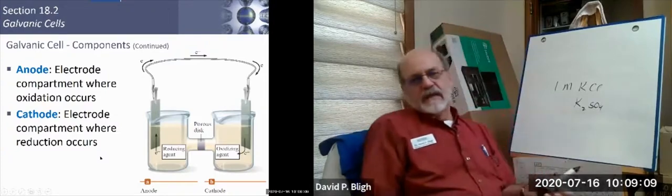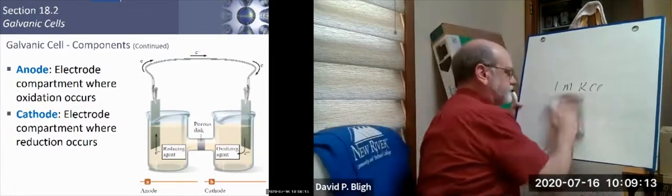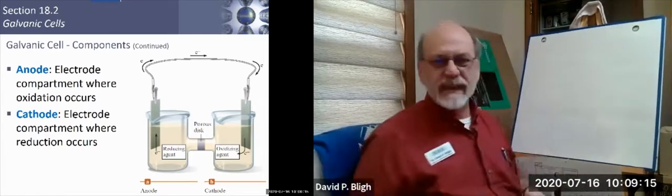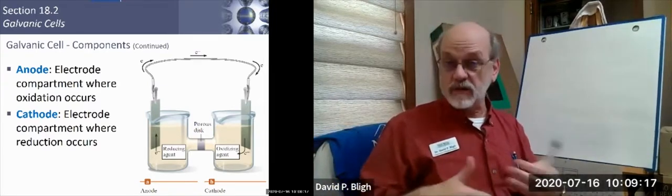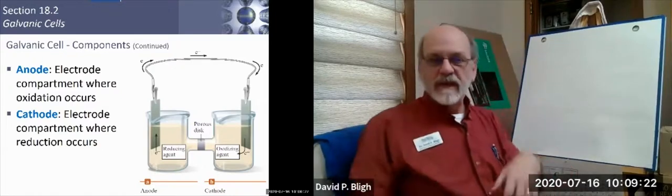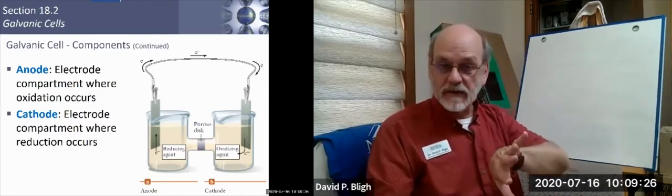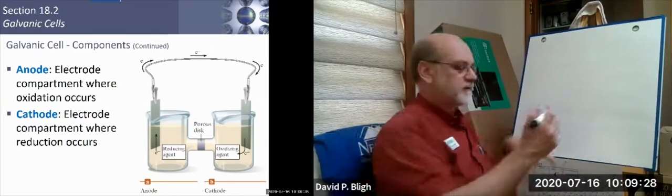Okay, so more terminology, but this piggybacks on the oxidation reduction we've already learned. The anode is the side of the half cell in which oxidation occurs.